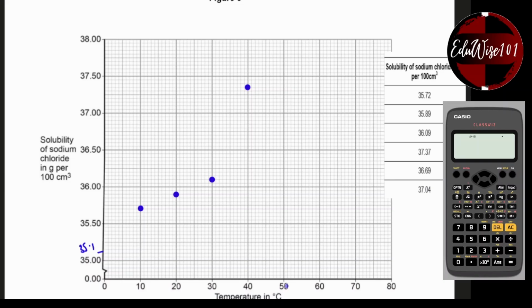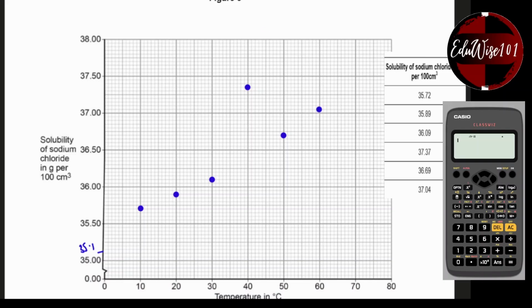At 50, sorry, it's 36.7, so that's 36.75 there, so it should be somewhere here. And 37.04 for 60 degrees, 37.5 should be there. There you go.